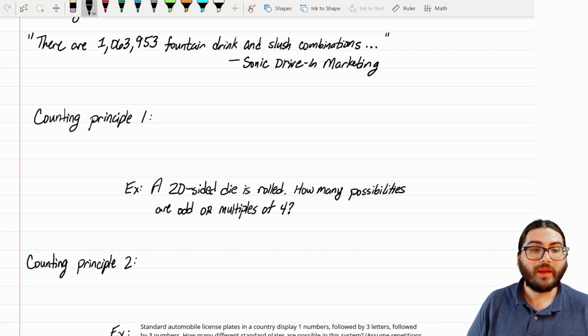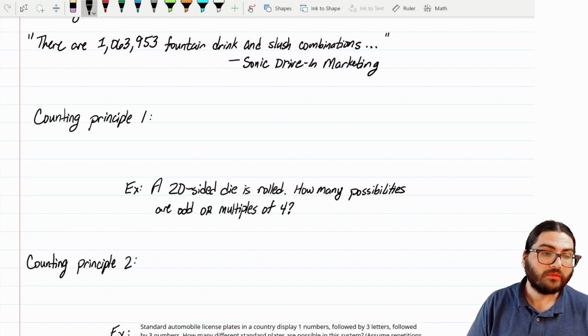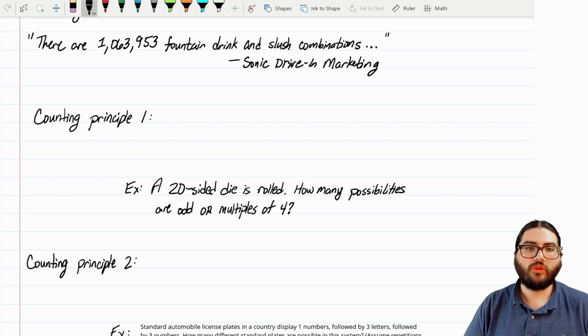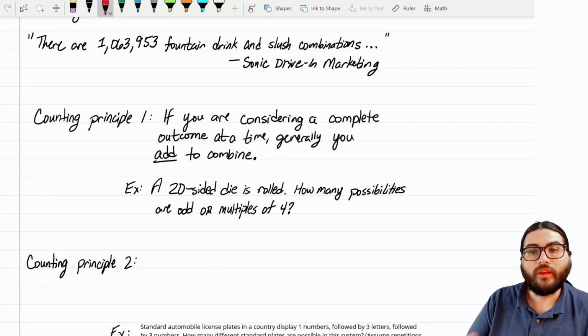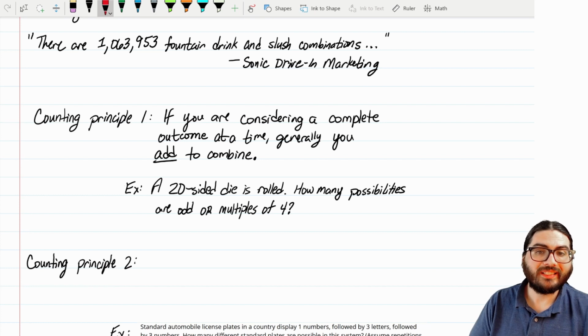Or am I being given something which is already complete and cannot be changed anymore? If it's already complete, it's probably an addition. And if I'm mixing and matching and just telling you part of the result and letting you choose, then it's probably a multiplication. So if you are considering a complete outcome at a time, generally you would add to combine.